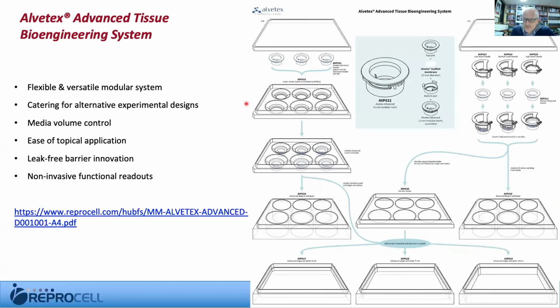So this is an exploded diagram, a schematic showing Alvetex Advanced. So this is the new technology I mentioned a moment ago. It's a very flexible, versatile, modular system. So if you just look at the middle diagram here where the laser pointer is, you'll see an exploded diagram of the insert. This is the Alvetex scaffold, and it's sandwiched and held within this insert, this cup arrangement.